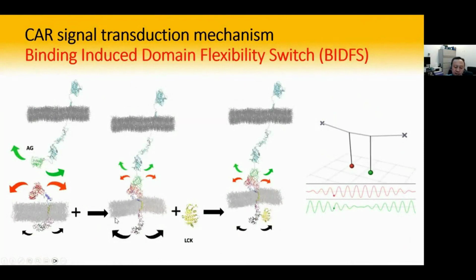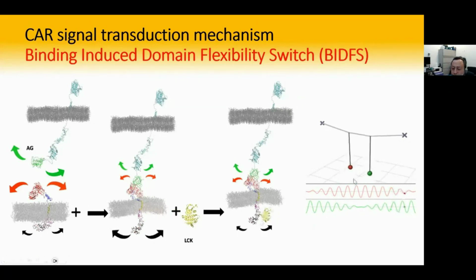This is our suggested mechanism. Before it recognizes the antigen, it's highly flexible, okay? And when it binds, it's fixed, but this side becomes highly flexible, which will allow the kinase to bind here to do the phosphorylation.